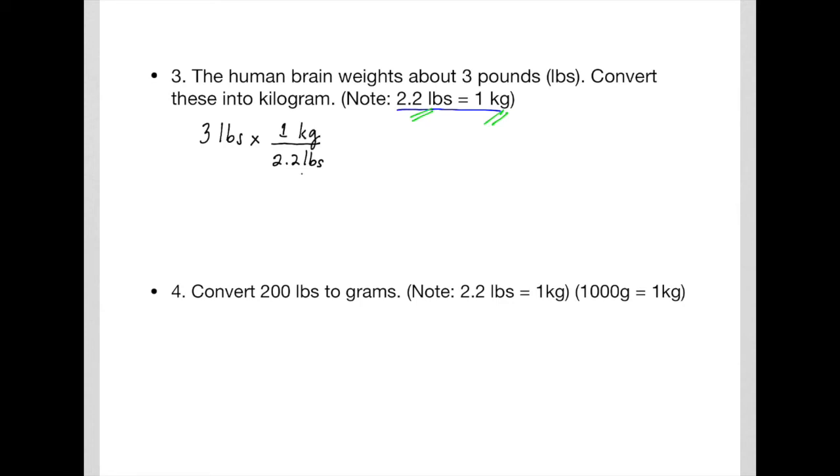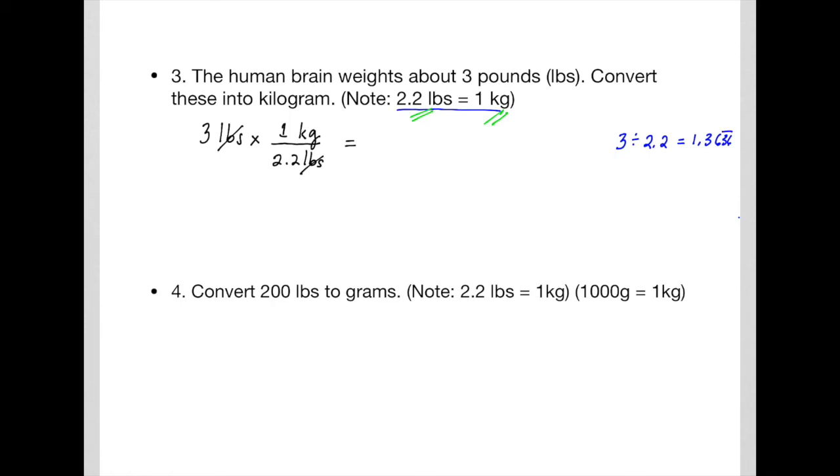As you can see, my goal is to cancel the unit. So, I will press in my calculator 3 divided by 2.2, and that is equal to 1.3636, repeating and non-terminating.